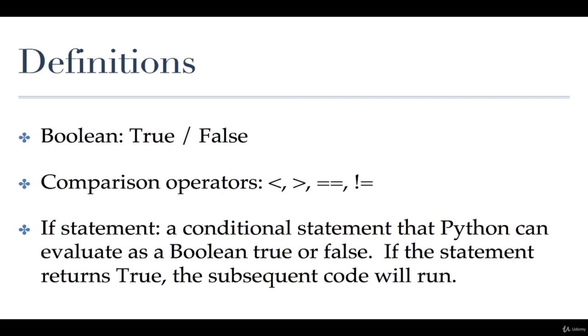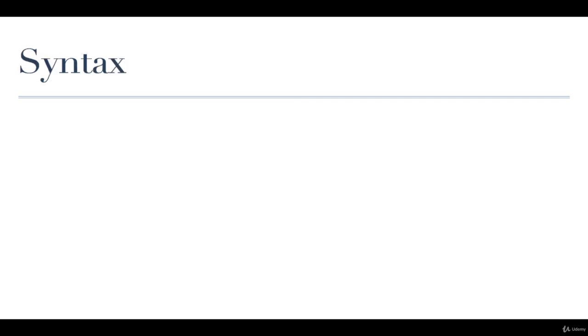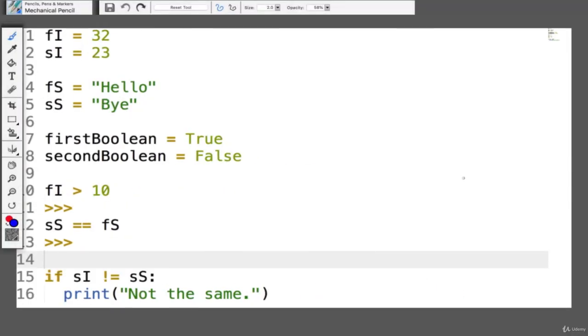So it's kind of like a check and balance, like make sure that these parameters are in fact what they are, and if they are, then do this extra thing. So if statements have to return true in order for the code to run underneath it. Now, how do we get this all to work? Well, let's go into our syntax section and see how we make if statements do what we want them to do.